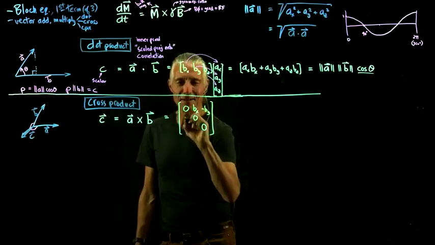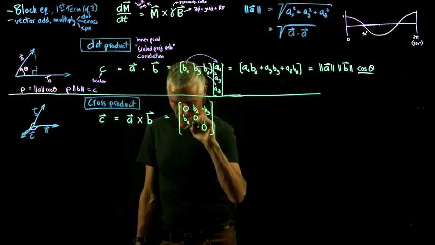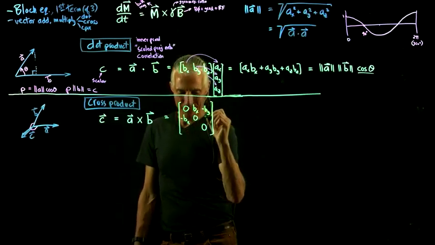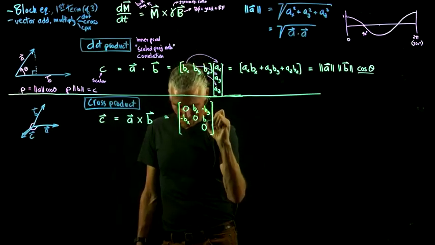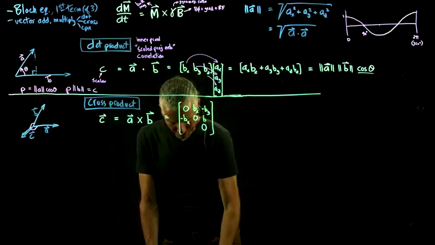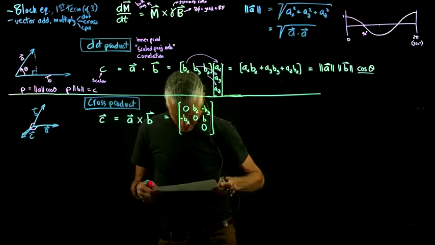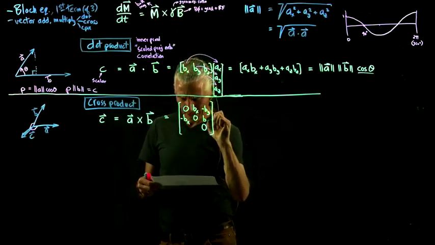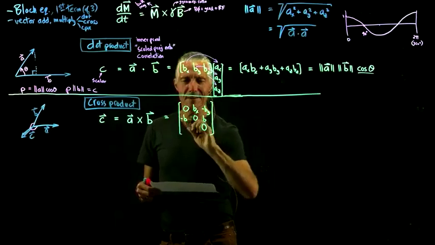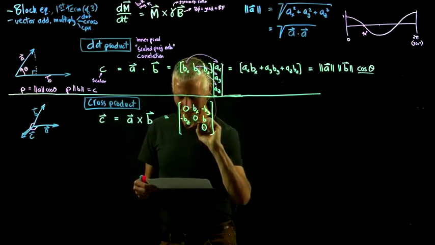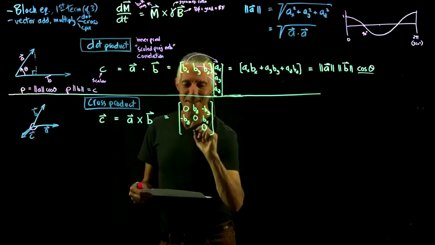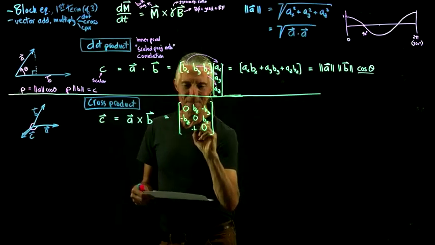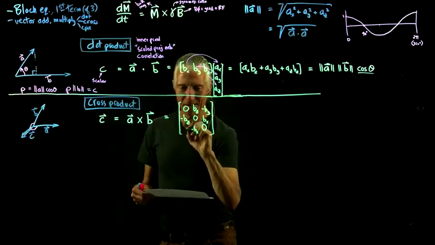So I don't expect you to. So negative bx, and here's b. It should be z, shouldn't it? No, it's like b. Sorry, that's a bz. Yeah. There's bx. We got negative bx and by.